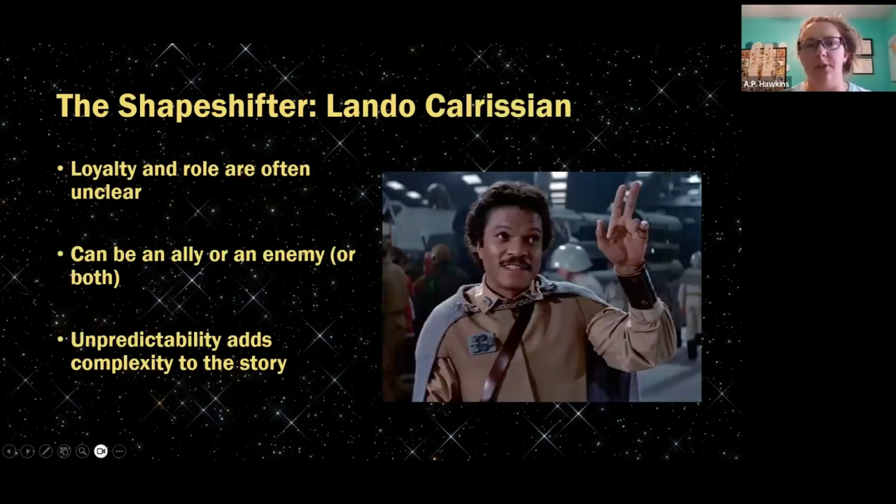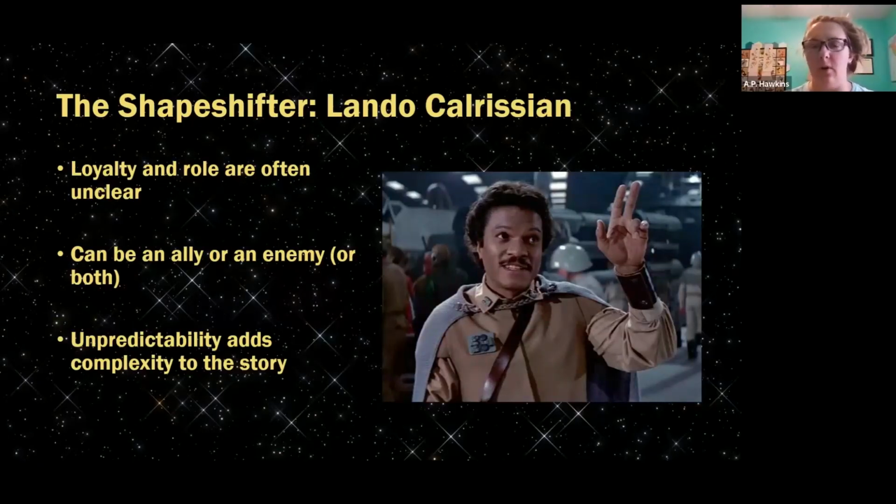So another character archetype in the hero's journey is the shapeshifter. This is a character whose loyalty and role are often unclear. And that's why I think Lando Calrissian fits this archetype very well in Star Wars, because he is a friend of Han's, but he has also made this deal with the Empire, but he's not really happy about it either.